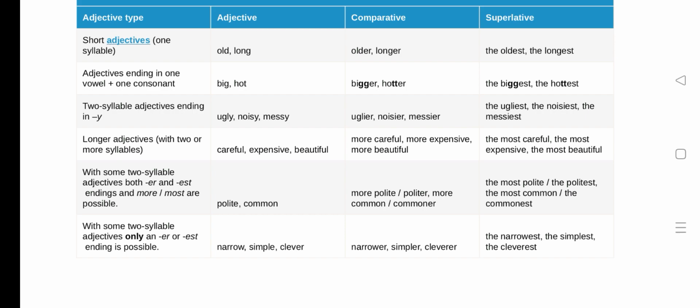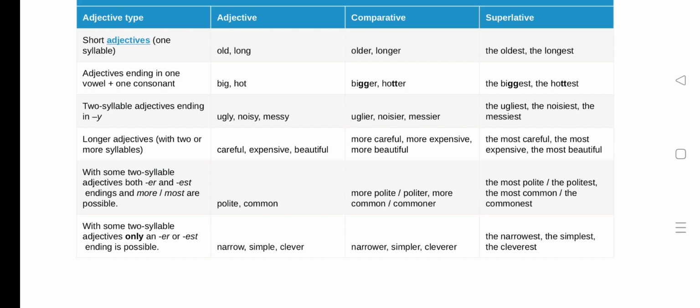The most polite, the politest. The most common, the commonest. So we can use both in such adjectives. But if we have more than two syllables, meaning three or four syllables, then we will use more and most. This is the rule for it.